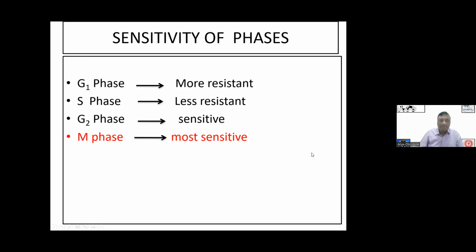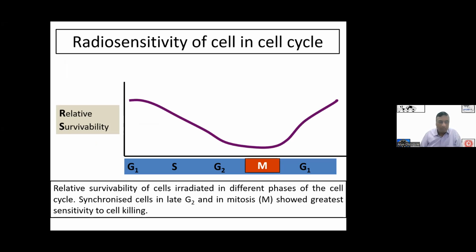And if you look at the sensitivity, the G1 phase is the most radio-resistant. S phase is less resistant. G2 phase is sensitive, but the most sensitive among the cell cycle is the mitotic phase. Therefore, our radiotherapy fractionation schedule should follow this mitotic phase for getting better control probability.